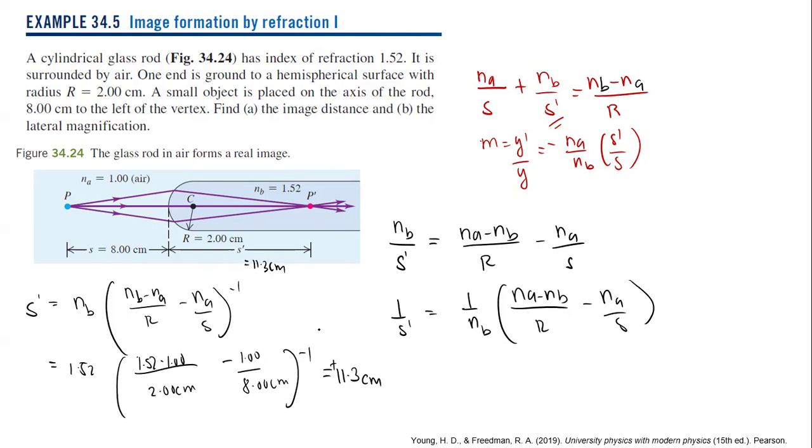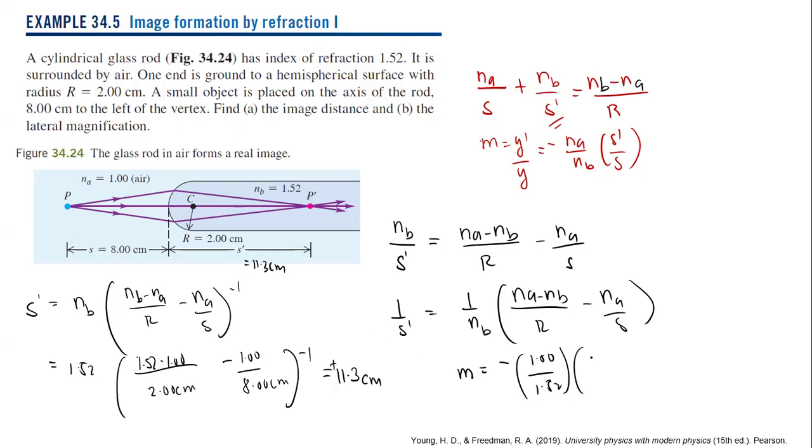So for B, what is the lateral magnification? M equals negative n_a 1.00 over 1.52 times s.